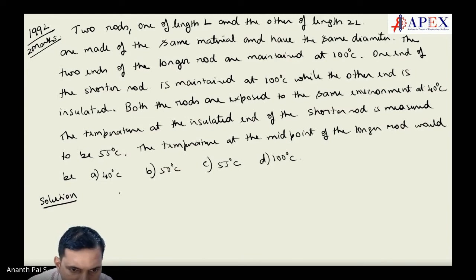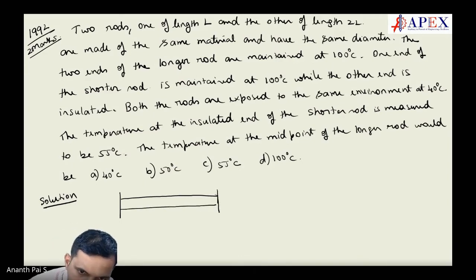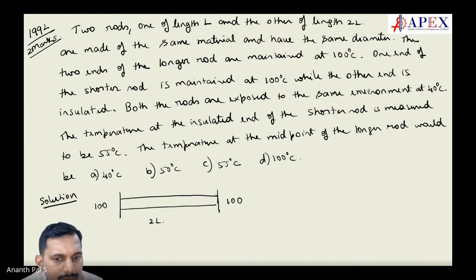First, let us take a longer rod of length 2L. One side is 100, another side is 100. We have to calculate the temperature at the midpoint, which we do not know.